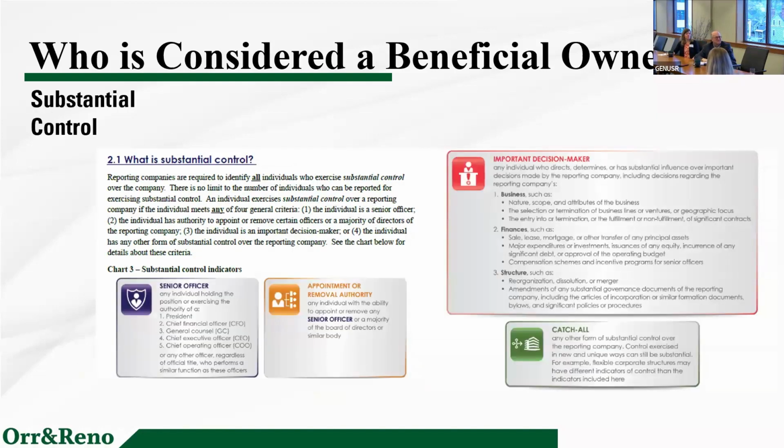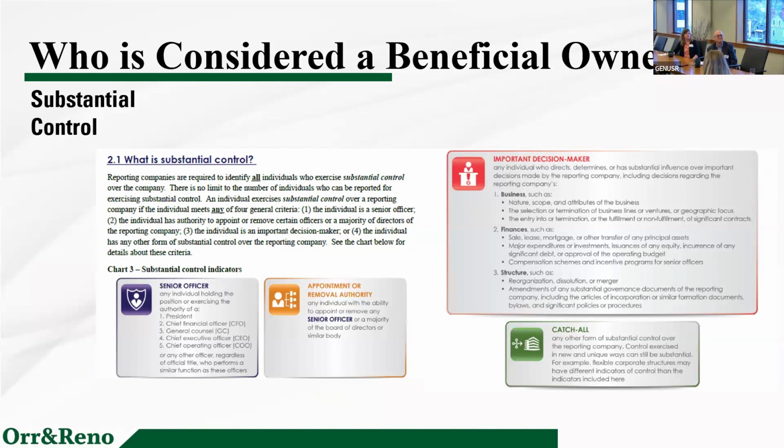As I mentioned, there is this substantial control, it's very vague. I still couldn't tell you all of the nuance. What's clear is there are a few things that they're going after, so they're going after substantial control, senior officers.